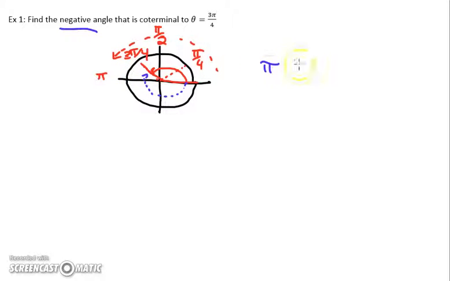So we've gone in the negative direction a pi and a pi over 4. So the negative coterminal angle is going to be negative 5 pi over 4.